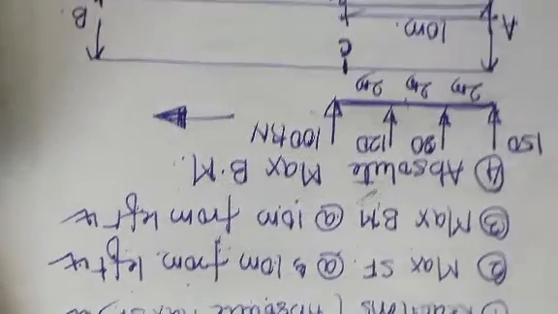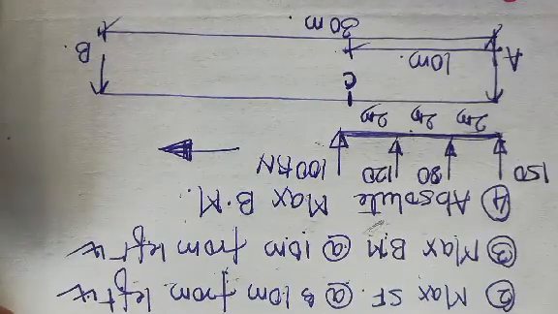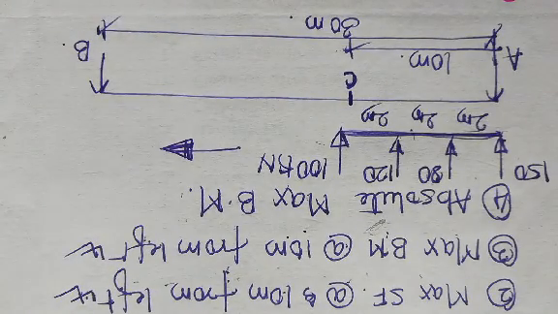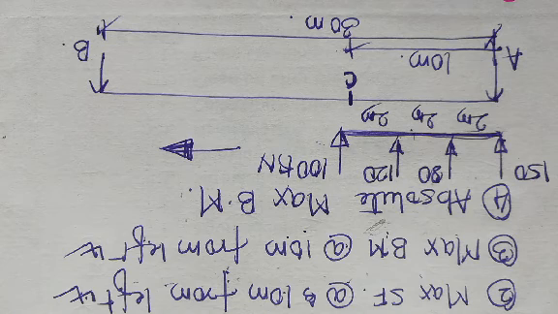We know that the absolute maximum shear force occurs when the load is exactly on point A. Now here we have a train of loads. Which load to consider?